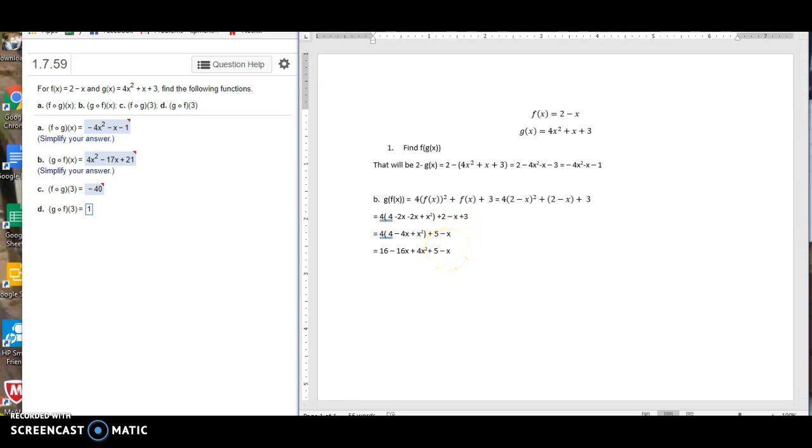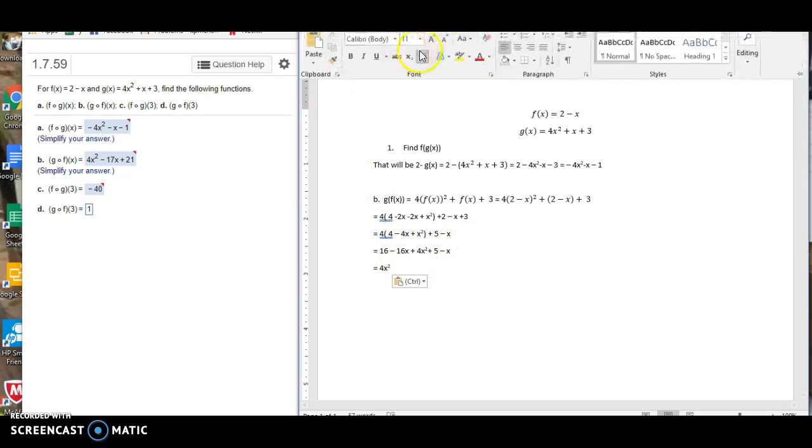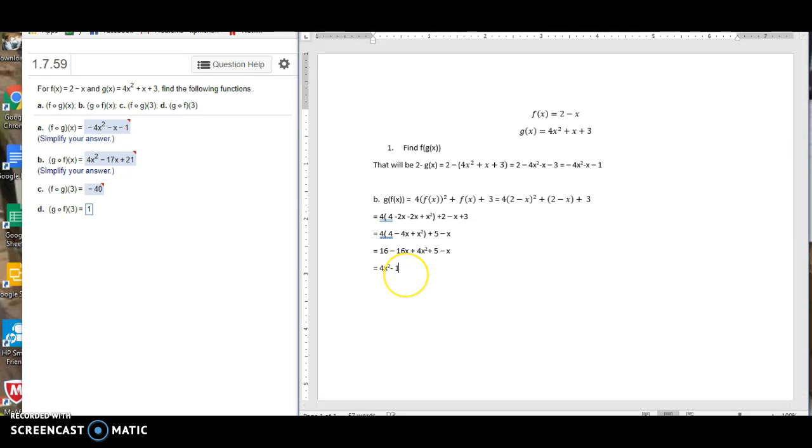And finally, I'm going to group my like terms together. And so I'm going to start with the 4x squared because that's the highest power. It's just easier if I start with that. And then I'm going to have a minus 16x and a minus x, which is going to give me a minus 17x. And then I'm going to have a 16 and a plus 5, which is going to give me a plus 21. And let's check it.